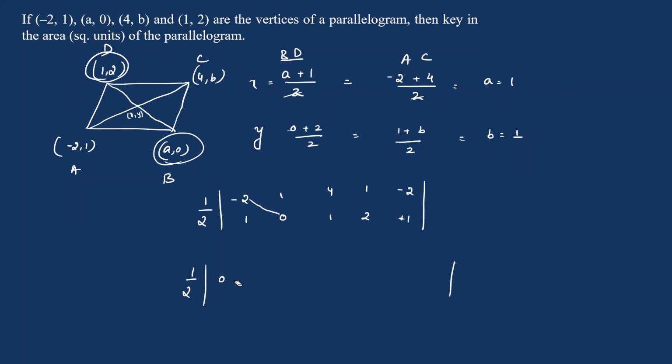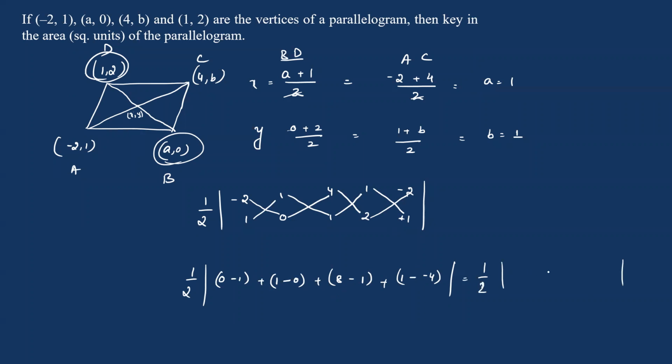Minus 1 plus 1 into 1 is 1 minus 0 into 4 is 0, plus 4 into 2 is 8 minus 1 into 1 is 1, plus 1 into 1 is 1 minus 2 into -2 is minus of -4. So this gives us how much, guys? This is half mod. This is -1. This is +1. That is 0. This is 7 and this is 5. So that is 12 by 2. And your final value becomes 6. So 6 should be the area of the parallelogram.